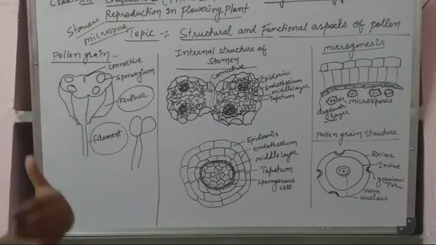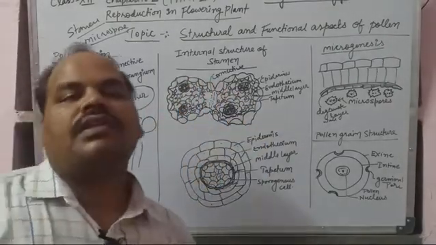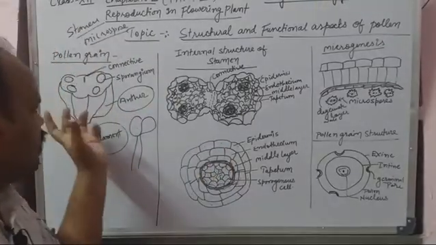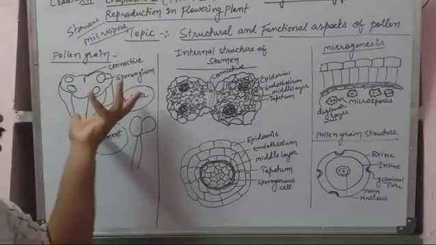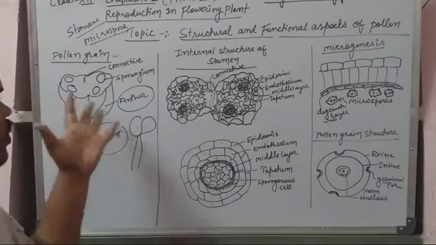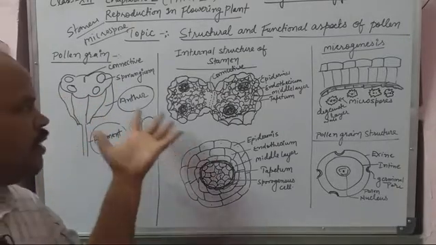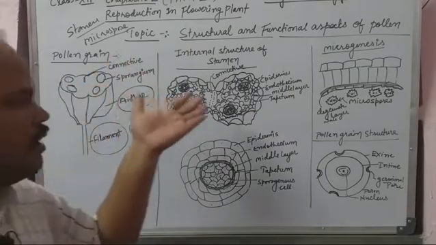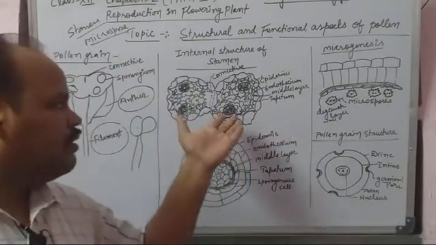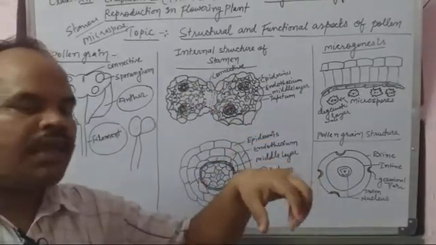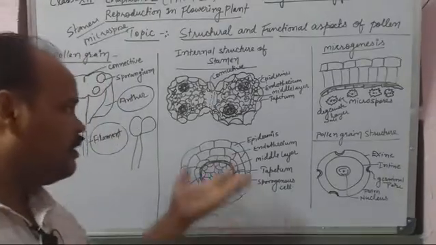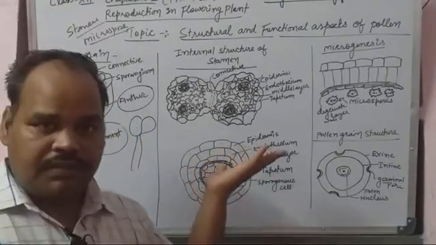Now we will start the internal structure of a stamen. We saw that there are two lobes and four microsporangia. If we cut the TS of it, place it on a slide and look through the microscope, then we see a structure like this.